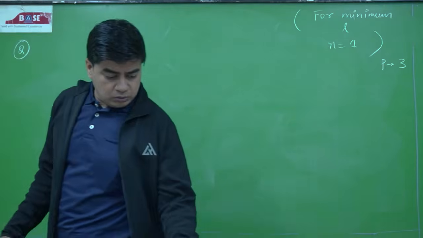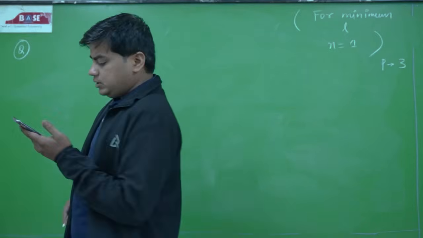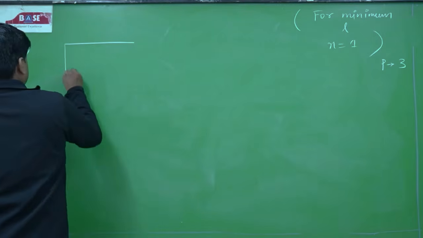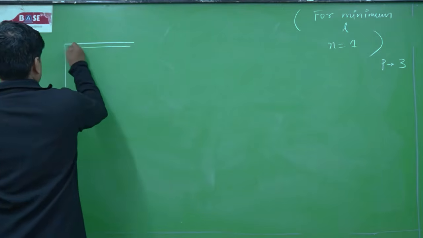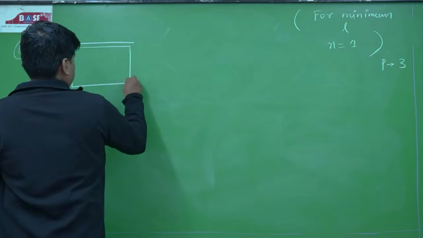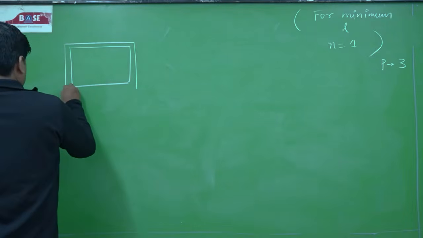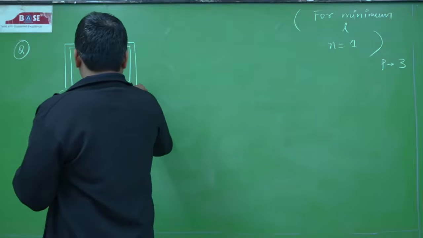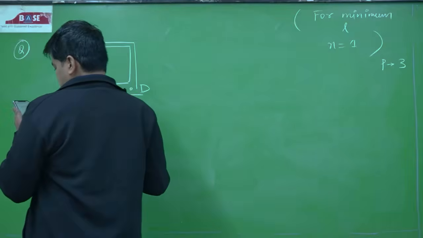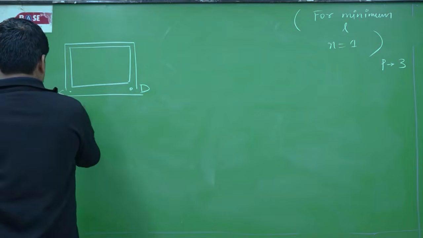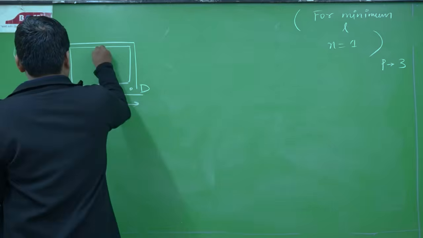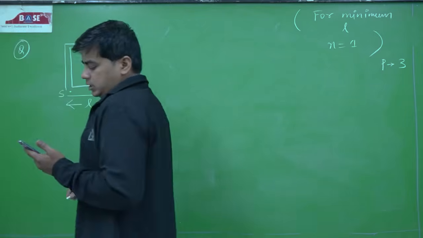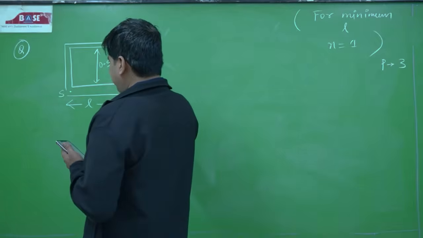So in Q, it is given a rectangular pipeline like this. So our source is here and receiver is here. The value is L. This value is 0.5L. Now what is the path difference at point D?